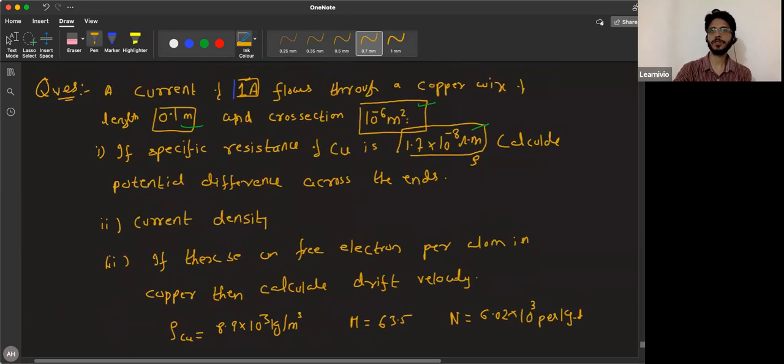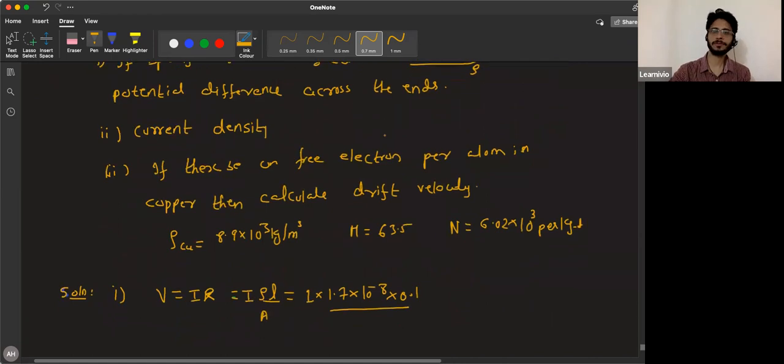The area of cross section is 10 raised to minus 6. So the expression is 1.7 into 10 raised to the power, minus 8 and minus 6 will go to numerator, this will be minus 2, and this is 0.1, so it's minus 2 and minus 1 will be minus 3 volt.